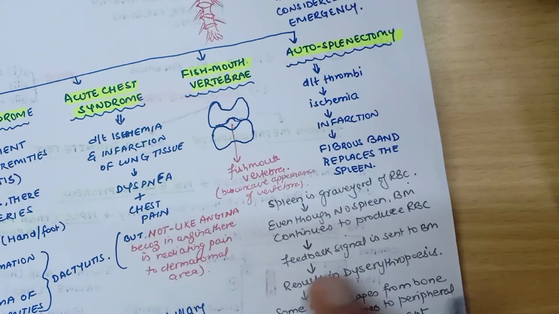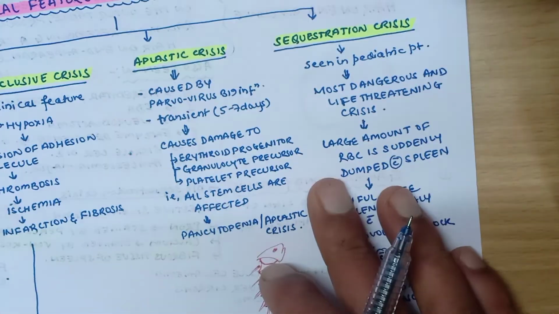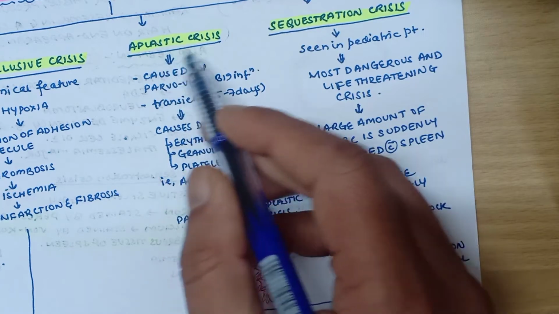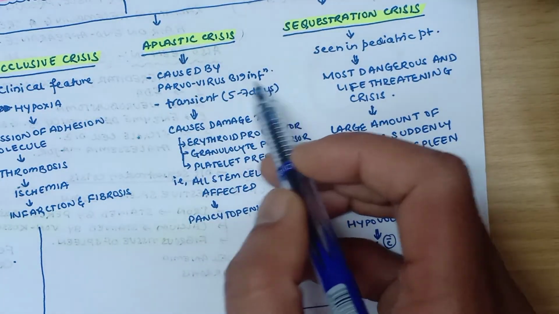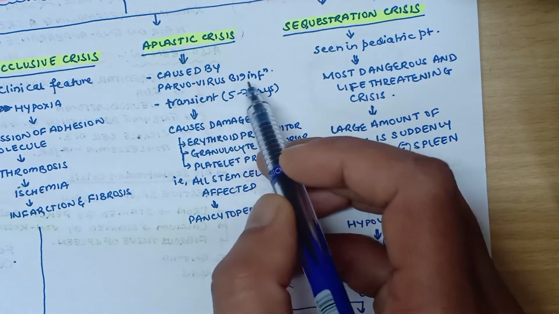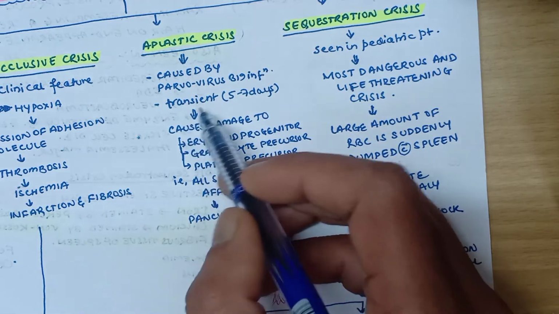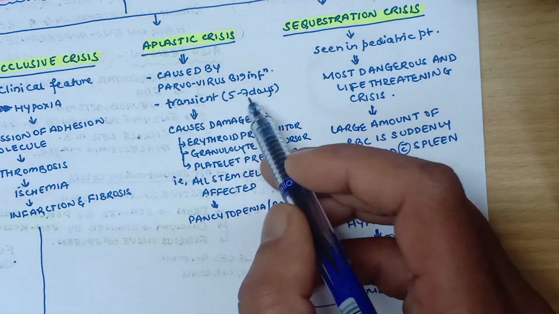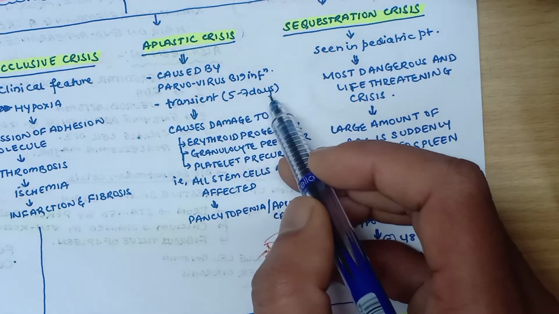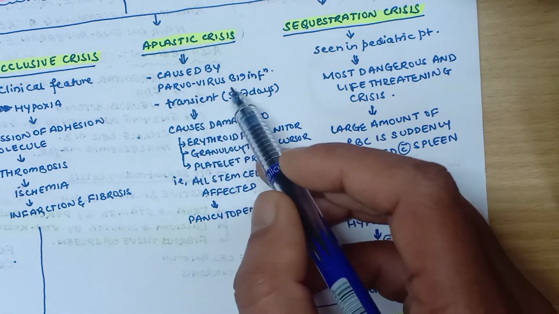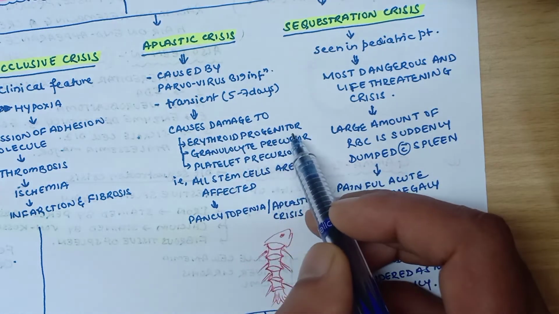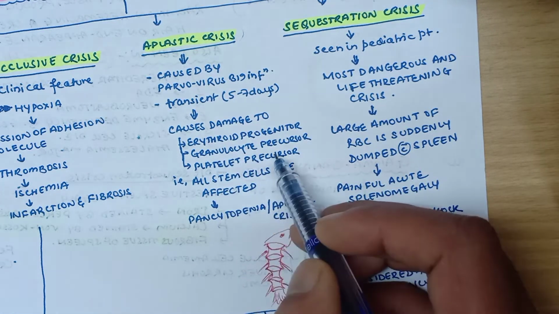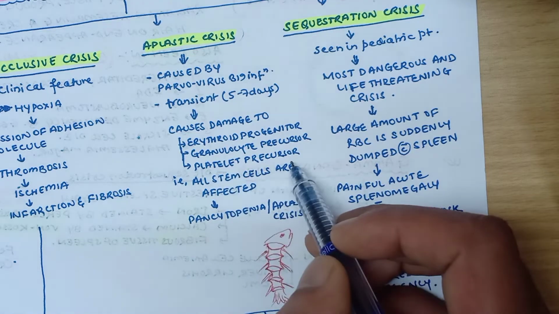Now we'll talk about another crisis, that is aplastic crisis. This aplastic crisis is caused by parvovirus B19. It is transient and lasts for 5 to 7 days. Parvovirus mainly causes damage to erythroid progenitor cells, granulocyte precursors, and platelet precursors.